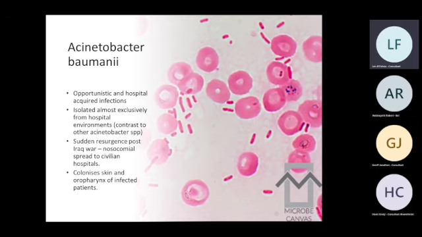Acinetobacter baumannii specifically is usually found in hospital environments, and it's very often found on intensive care units. It's an opportunistic and hospital-acquired infection, meaning if a patient's got an Acinetobacter infection, they almost always get it from hospital. And patients who are immunocompromised or have lines are at highest risk of Acinetobacter infections.